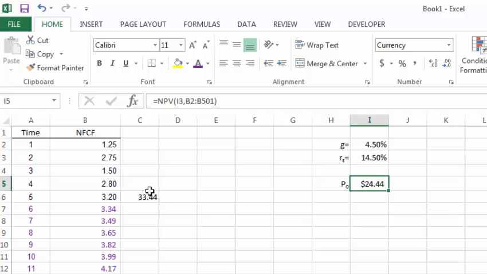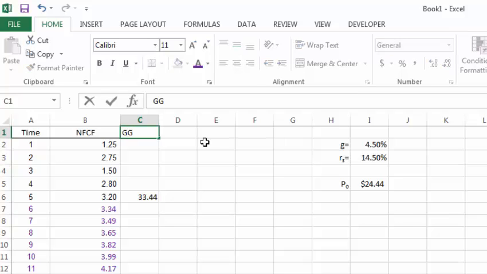Because at this point I'm going to then say, so what is all of the cash flow? So this is the Gordon growth model cash flow stuff, and then I'm going to say what is the total cash flow, and let me draw a little line there.